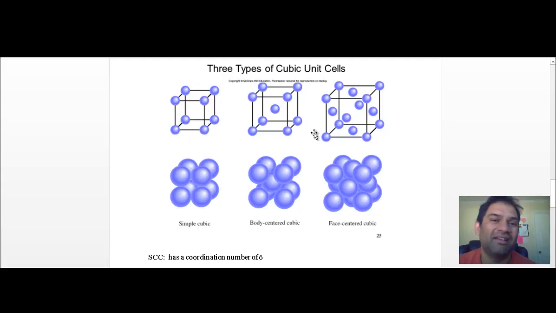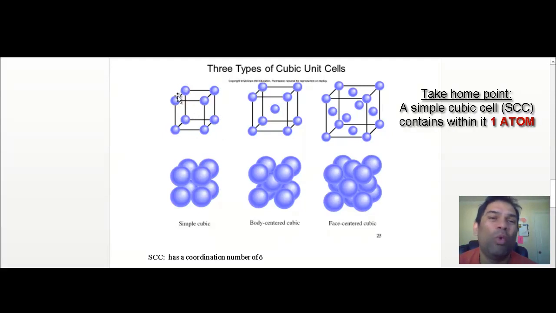This is in contact with all the other atoms. This face on the right-hand side is in contact with all the other atoms. Same with the top and bottom and front and back. So when you have that packing and you strip it to that individual brick, each lattice point represents 1/8 of an atom. You have 8 of these, so 1/8 times 8 is 1 atom. Housed in here is actually 1 atom.